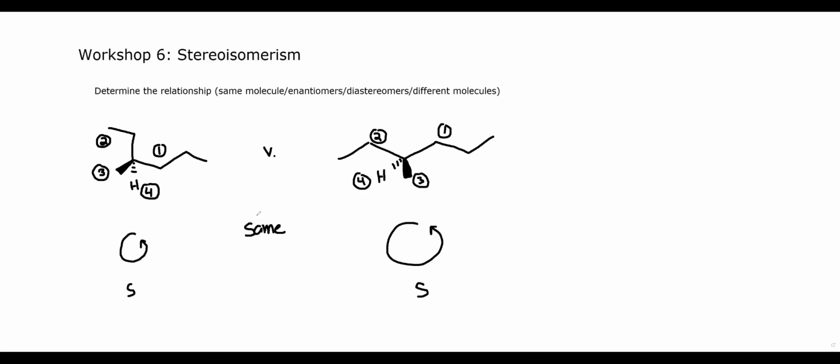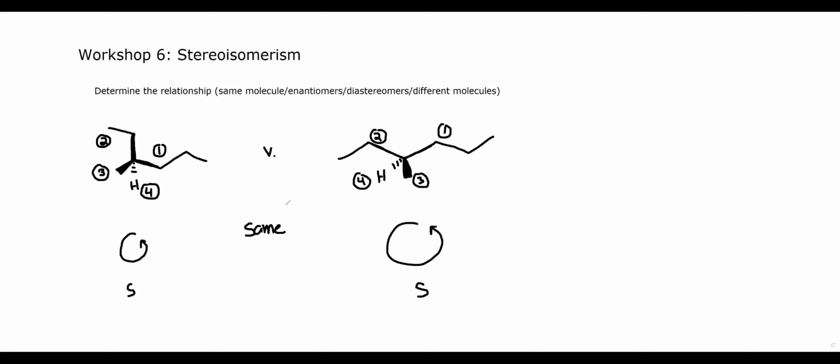Now, like I was saying, some of you may have seen that we have this downward angle shape between these 2 carbons and then a wedge. Over here, we have a downward angle shape here and a wedge. That's another little technique you can use to see if you have the same molecule or not.